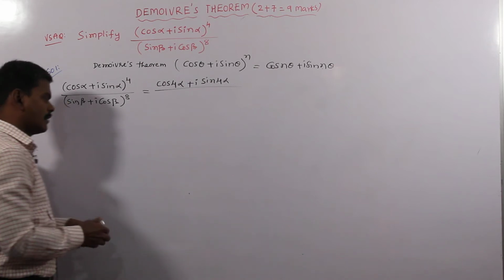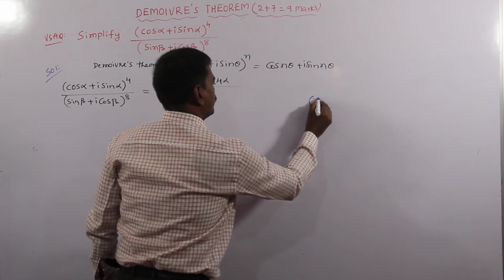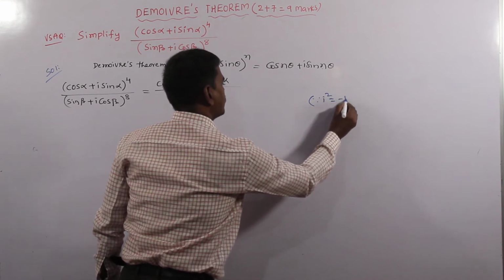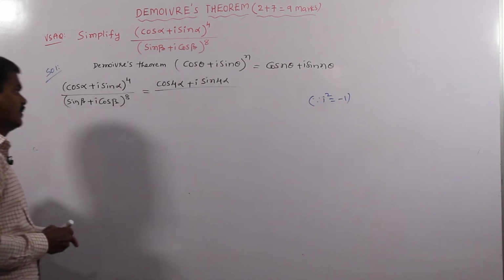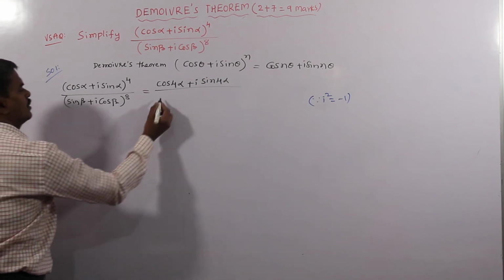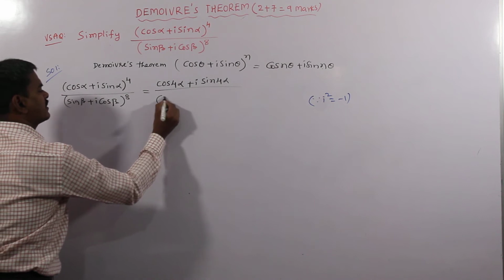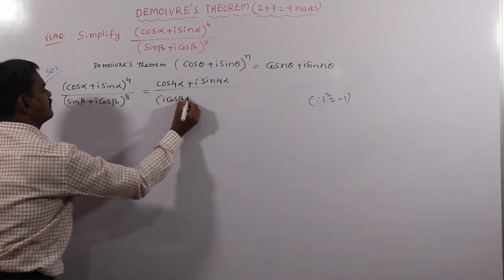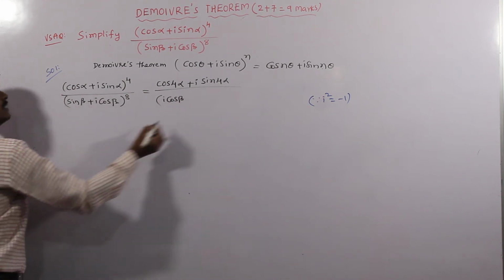So what is the basic concept? All of you know that iota square is minus 1, right? Iota square is minus 1. So here we need to create iota. Let me write iota cos beta first, plus sin beta.